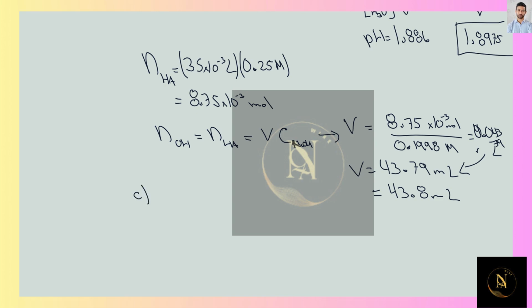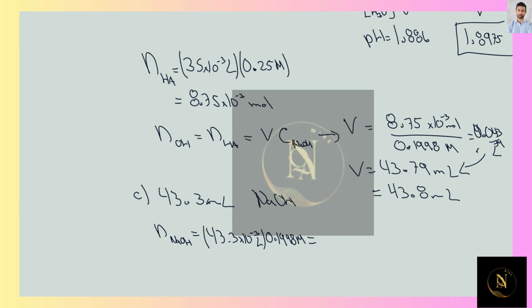So in part C, 0.5 before means that we have added 43.3 milliliters of NaOH. The amount of moles of NaOH is going to be concentration times volume: 0.1998 molar times 43.3 times 10 to the minus 3 liters.